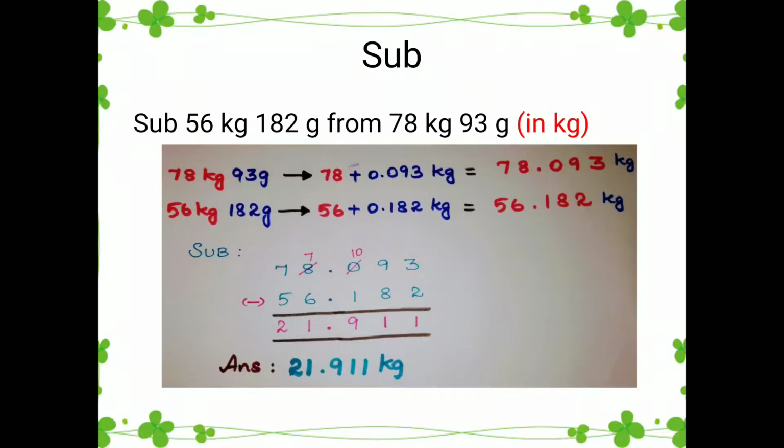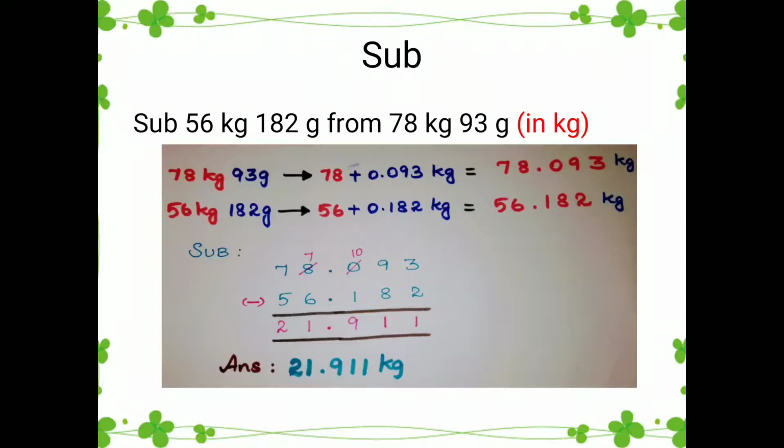Then the same thing for 56 kilogram and 182 gram. Just write 56 as it is, and 182 gram you convert into kilogram by dividing by 1000. So you will get 0.182 kilogram. When you add both, you will get 56.182 kilogram. Now we have converted everything into kilogram.